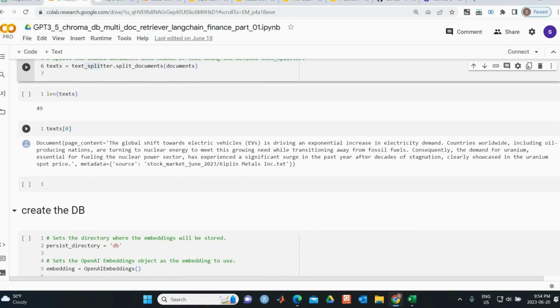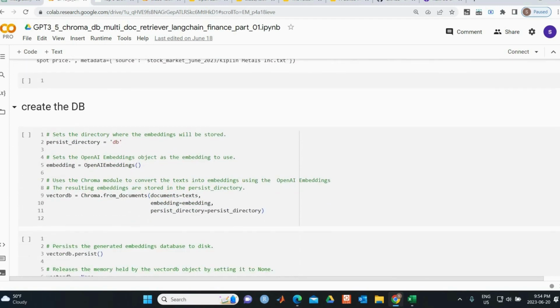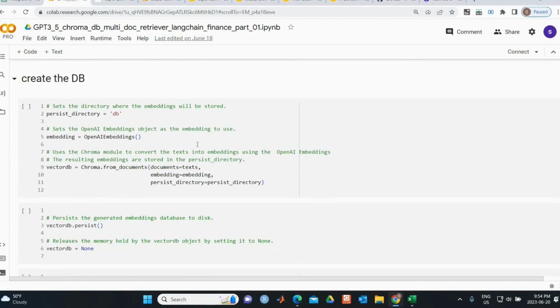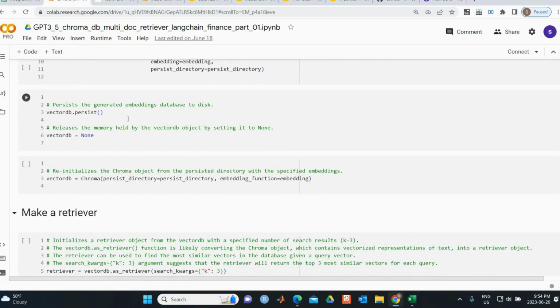Then we create a database and set up the directory where the embeddings will be stored. We set up the OpenAI embeddings and then use the Chroma module to convert text into embeddings using the OpenAI embeddings. Then we apply the other steps, initializing the Chroma object from a specified directory with the specified embeddings.